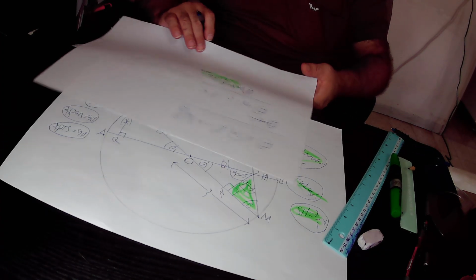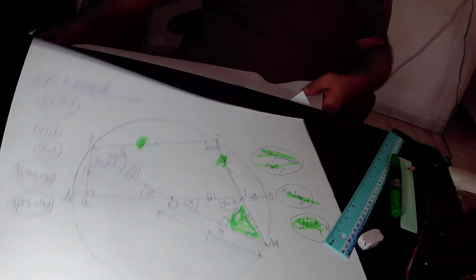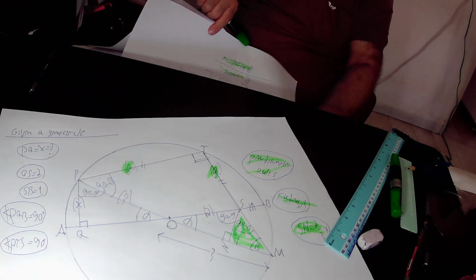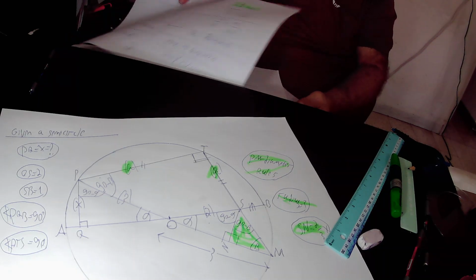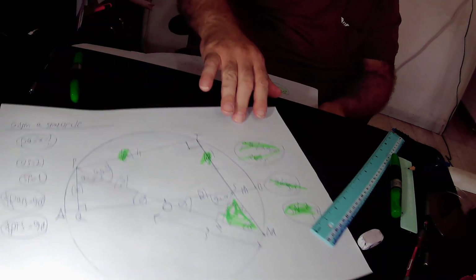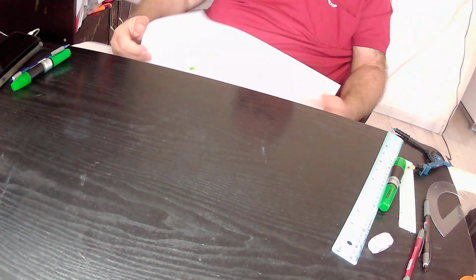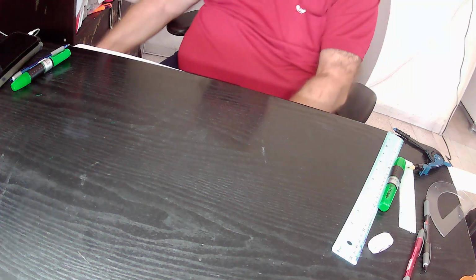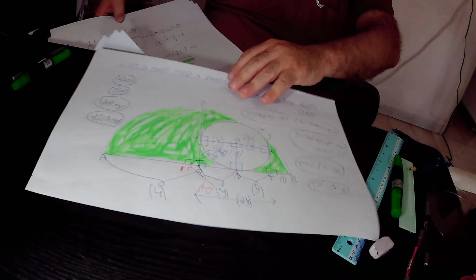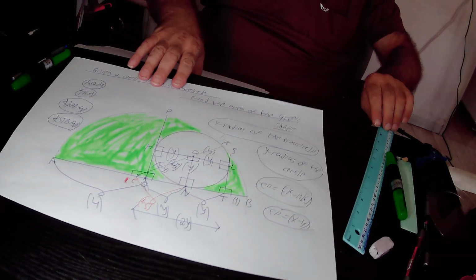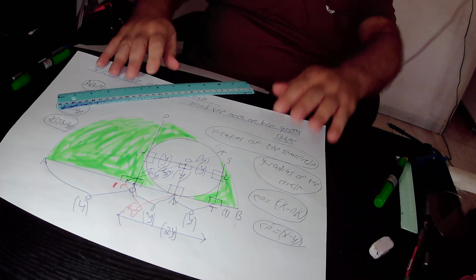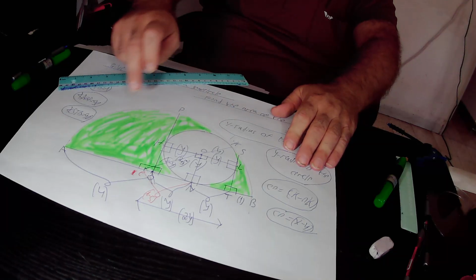We start with the first question, of course. In the first question, our task is to find the area of this green shape.